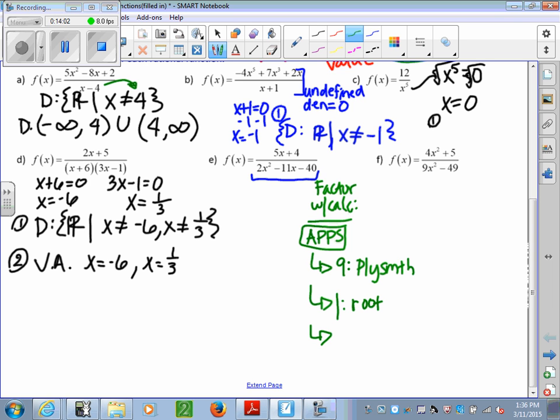Then you put in your, it'll say A2, A1, A0. Okay, this is basically our A, B, and our C, right? When we're doing the quadratic formula, it's our A, B, and C. So my A is 2, that's right here. My B is -11, that's right here.